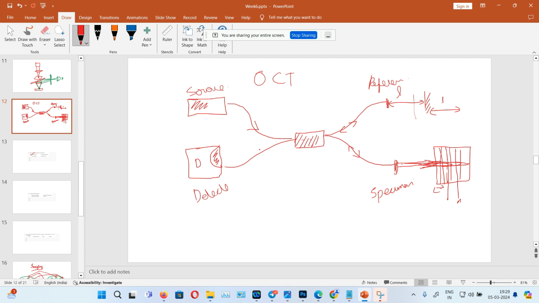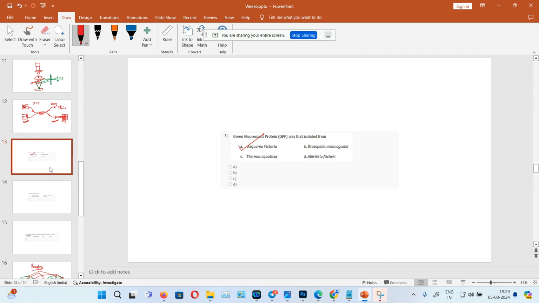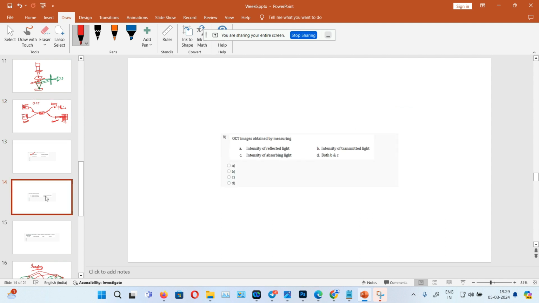This method is called optical coherence tomography, and here they are using the reflected light, which is interfered with the light coming from the reference arm. So the answer is that it is using the intensity of the reflected light.